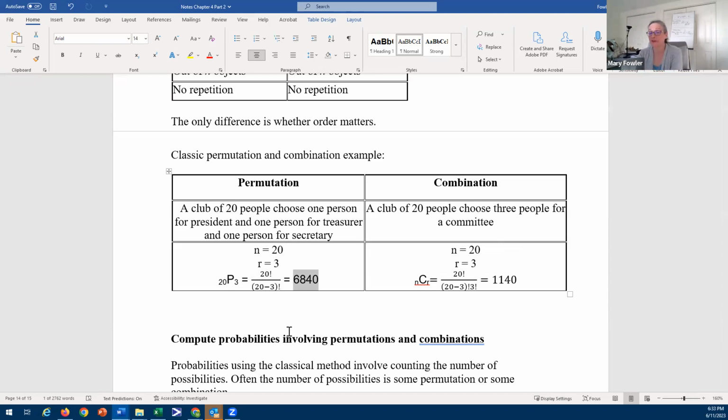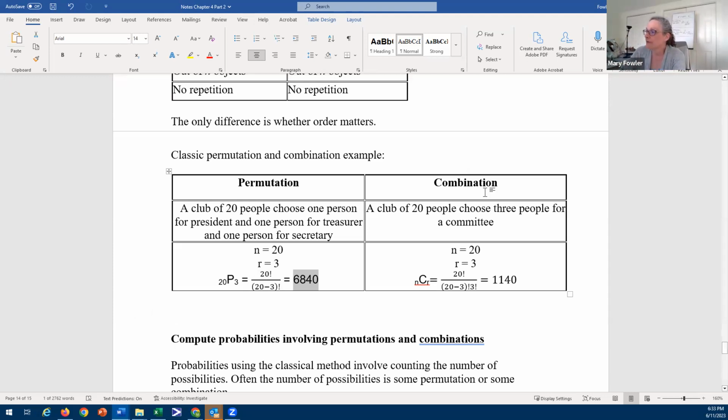A related problem, but this is the other classic example, that of combinations. So suppose a club of 20 people chooses 3 people for a committee. Here, order does not matter. For being on that committee, it doesn't matter if you were chosen first or second. They're going to choose all three people, and the three people are going to have the same job.